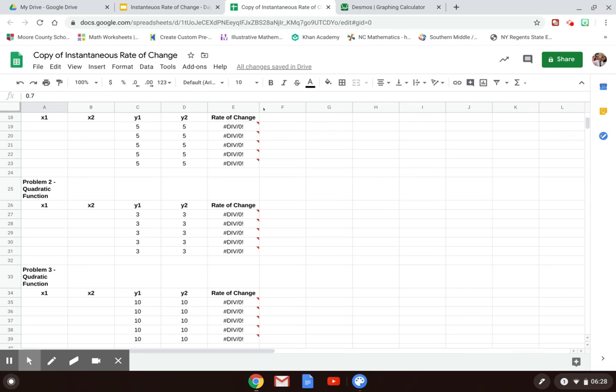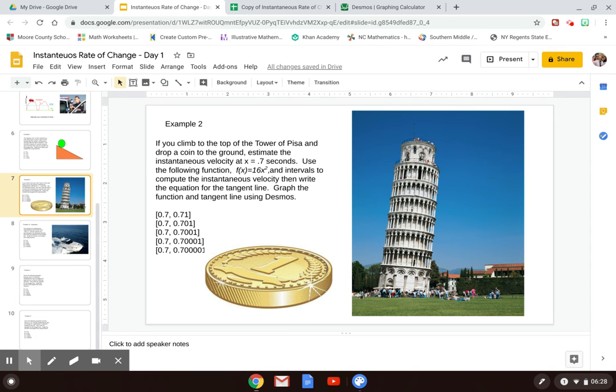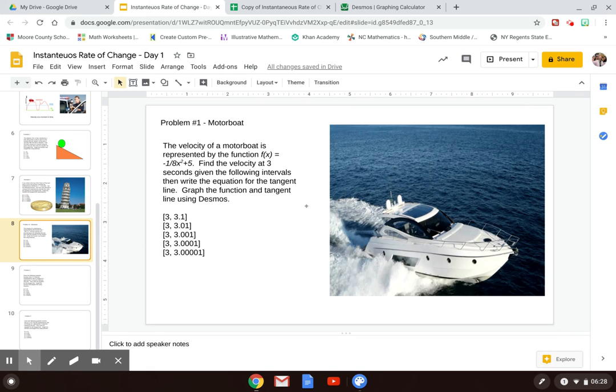As the instructions say, you're going to do just like I showed you: for each of these, find the velocity wherever it's asking you at that moment of time over the various intervals. I give you all of the intervals, and then you're going to graph the function and the tangent line using Desmos, and there's an attached Google Doc for you to cut and paste those screenshots into.